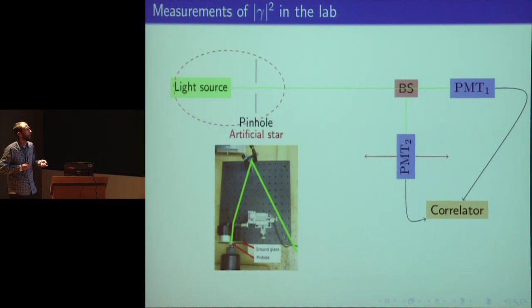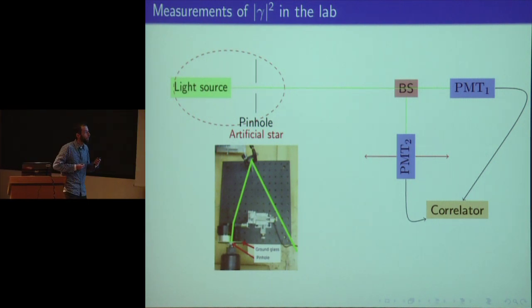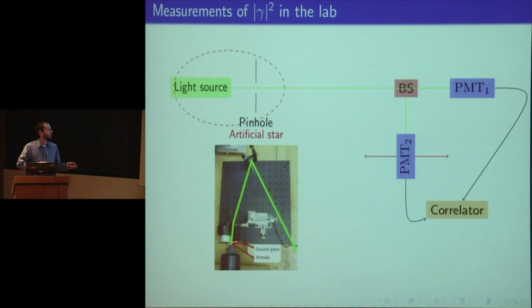So we created an incoherent source with a much longer coherence time, which is essentially shining laser light through some rotating ground glass, and that goes through your pinhole, and so that creates your incoherent source.